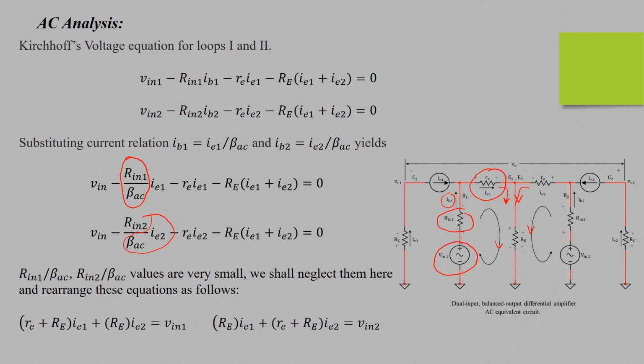Now we get the equations (re plus capital RE) into IE1 plus RE into IE2 is equal to Vin1, and RE into IE1 plus (re plus RE) into IE2 is equal to Vin2. So we are getting these two equations from these two loops by neglecting Rin by beta AC, because the values will be very small.